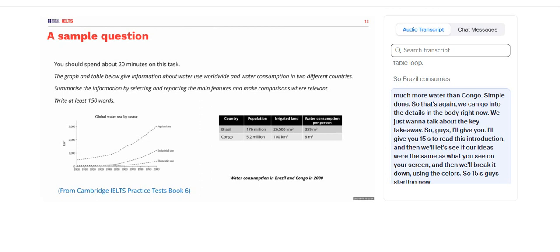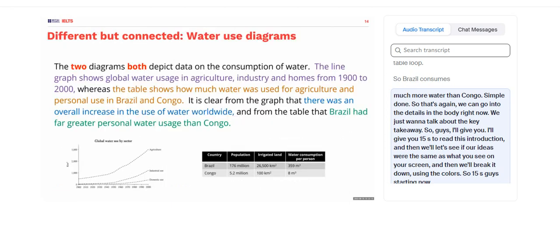Simple. Done. Again, we can go into the details in the body. Right now, we just want to talk about the key takeaway. So I'll give you 15 seconds to read this introduction, and then let's see if our ideas were the same as what you see on your screen, and then we'll break it down using the colors. So 15 seconds, starting now.